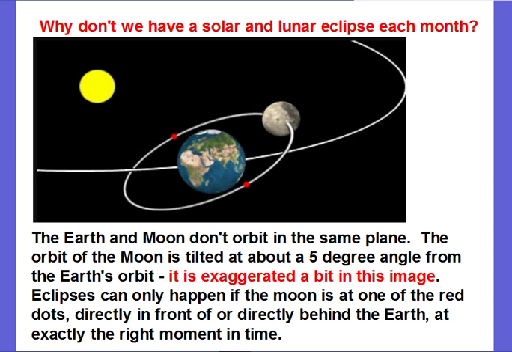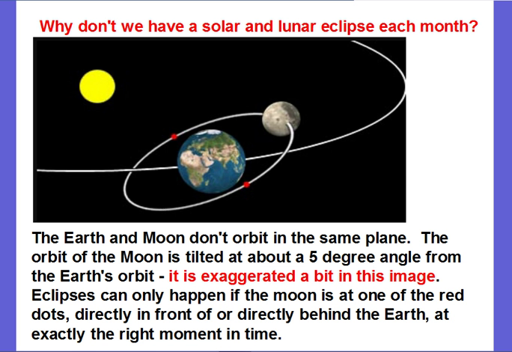So why don't we have a solar and lunar eclipse each month? Well, the reason is because the Earth and the moon don't orbit in the same plane. There's a tilt of about 5 degrees that the moon's orbit is tilted from the Earth's orbit around the sun. It's exaggerated a little bit in this picture just to make it more obvious.